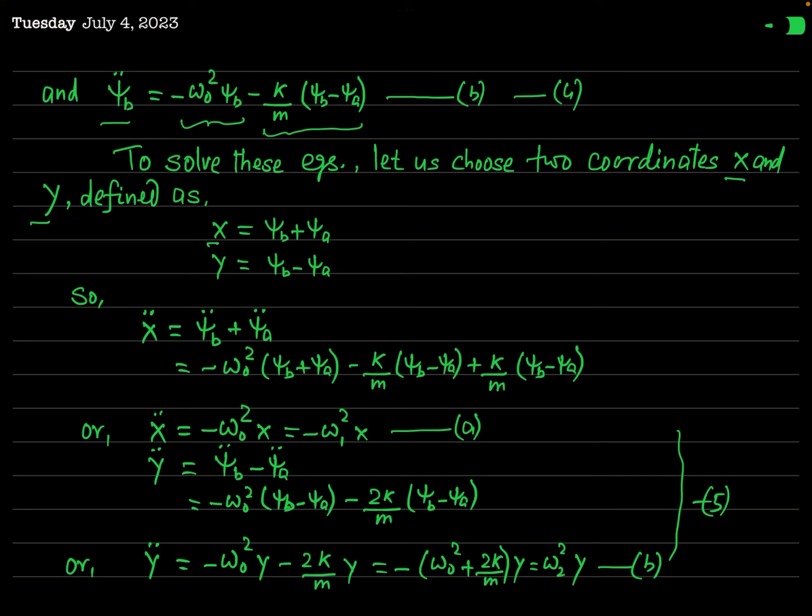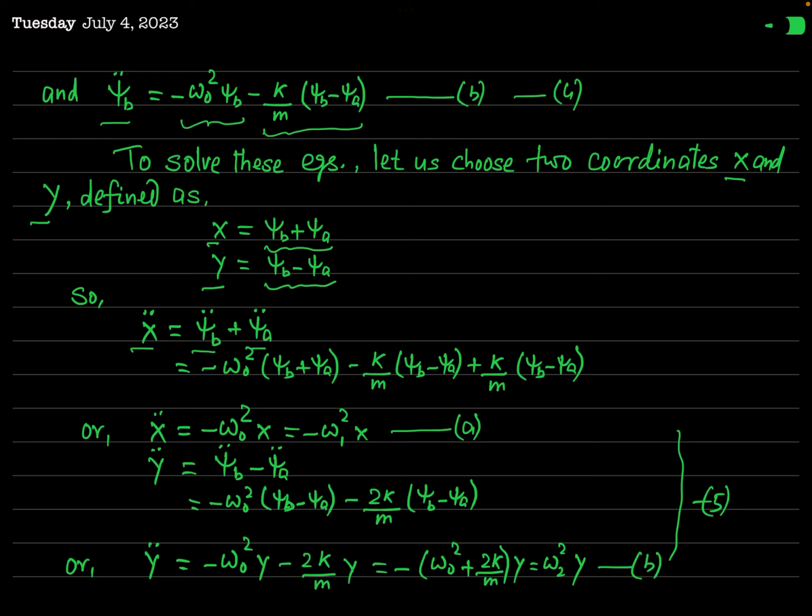Actually X is defined by psi B plus psi A, and we define Y by psi B minus psi A. We have arbitrarily chosen these two coordinates, and now we will try to write down these two equations of motion in terms of these new coordinates X and Y. Now you can see, as X is equal to psi B plus psi A, so what will be X double dot? That will be simply psi B double dot plus psi A double dot.